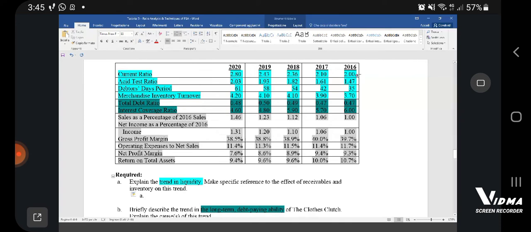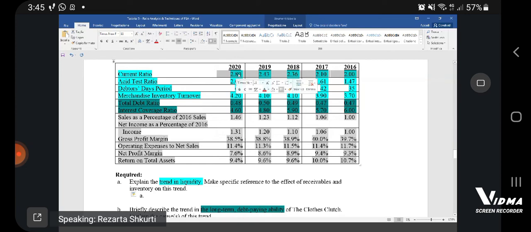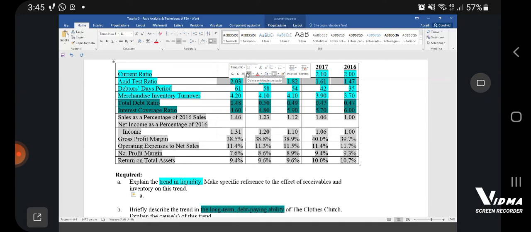We start in 2016. We observe an increase in current ratio, and the same trend we observed in the quick ratio. So we have an increase in liquidity.